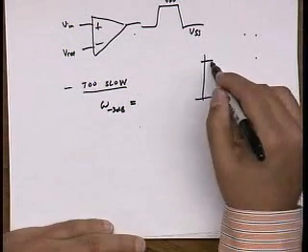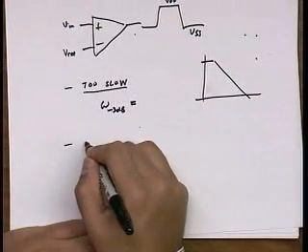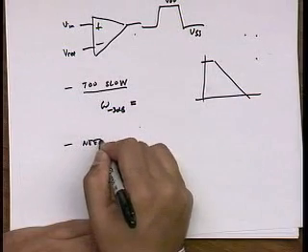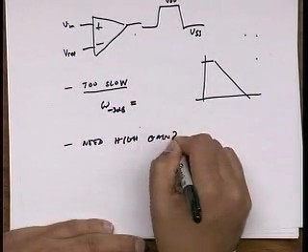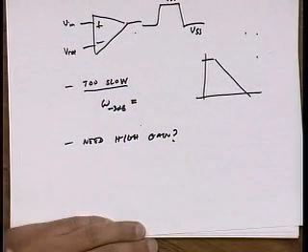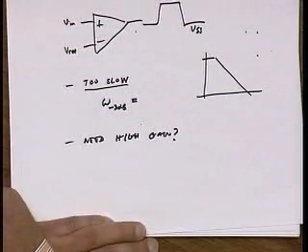Well, let's first of all discuss a couple of issues. First of all, gain. Do we need high gain? Well, it depends on the application. Let's say I come and tell you I want to resolve a signal as small as a millivolt. Okay? And let's say my supply voltage is a volt.